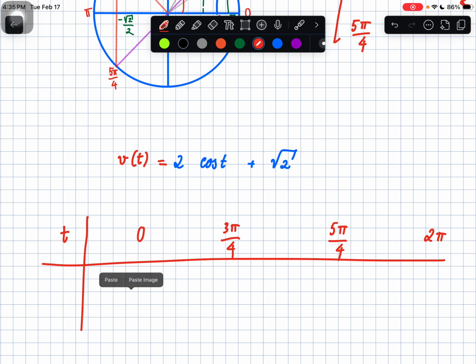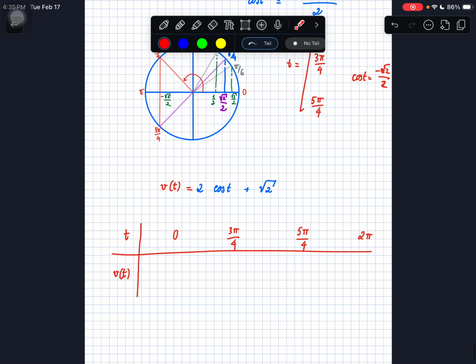Now we know that for the values here and here, the velocity is 0.